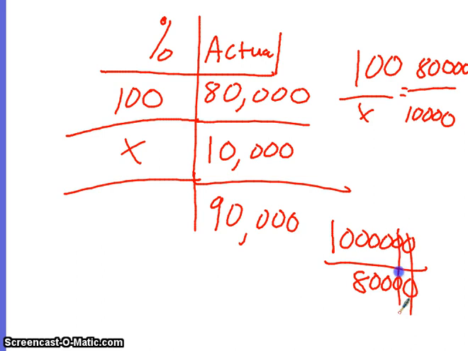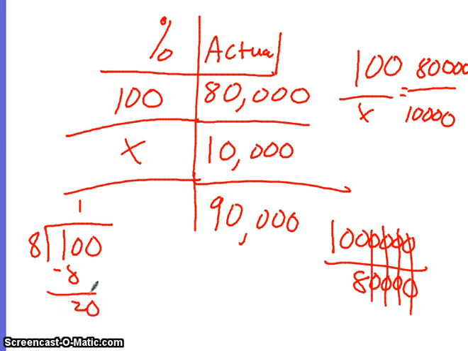So cross off all my unnecessary zeros, because I can divide 100 divided by 8. So I get 12.5%. That was my increase. So my x was 12.5%.